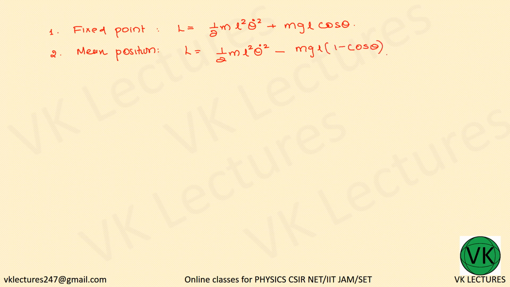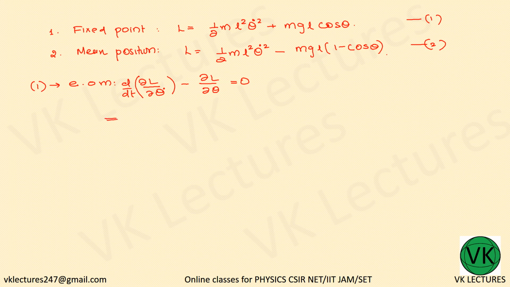So we have two different values of Lagrangian, but let us look into the equation of motion, the Lagrangian equation of motion. In the case of the fixed point, d by dt of dou L by dou theta dot minus dou L by dou theta equal to 0.